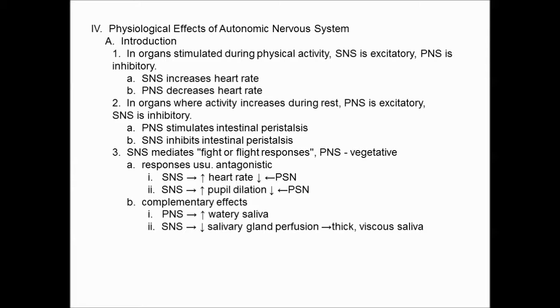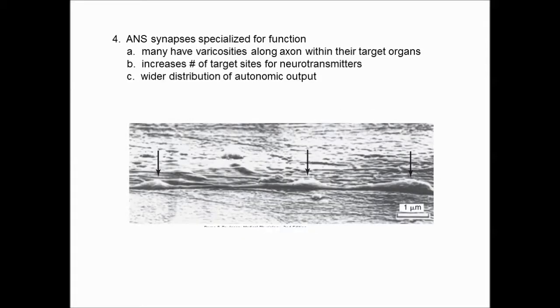The example that we all mention, it seems like we have to have some conflicting thing for every universal fact, but the one conflicting complementary effect that everybody cites is salivation. Both parasympathetic and sympathetic systems increase saliva.